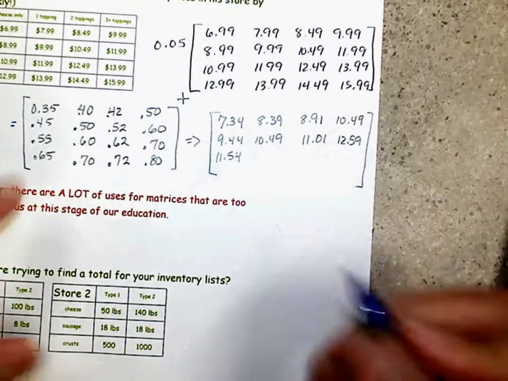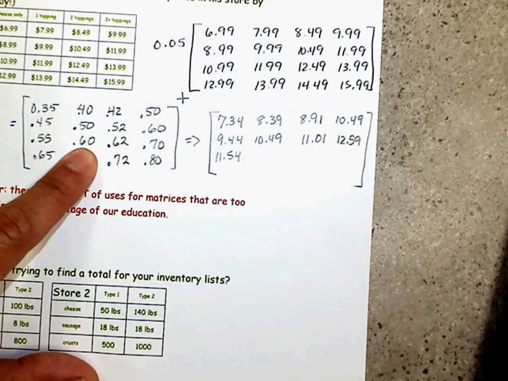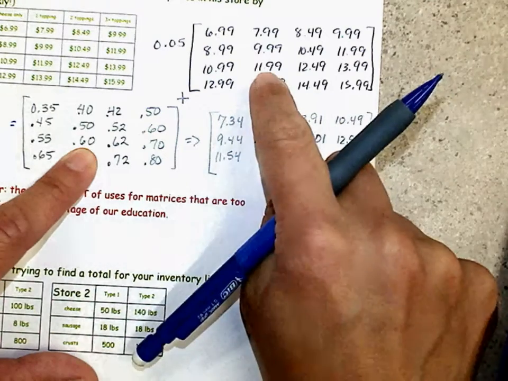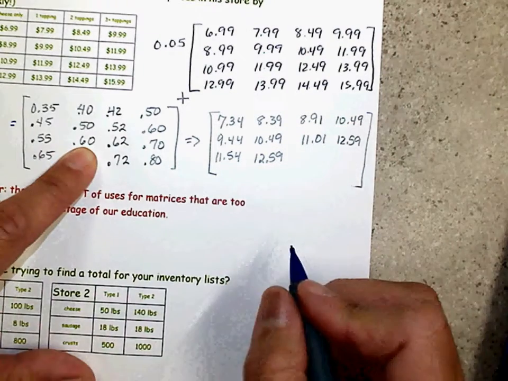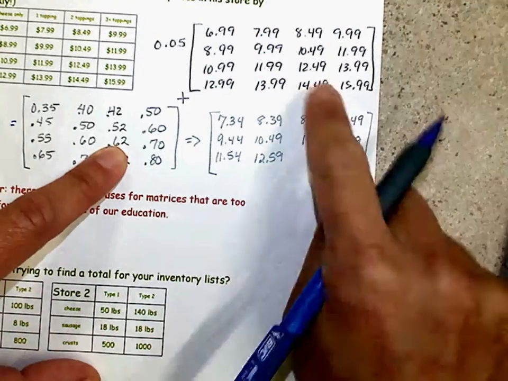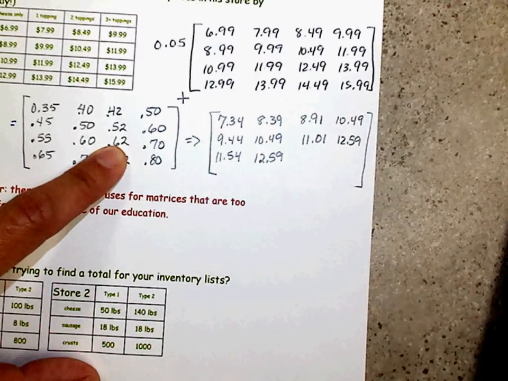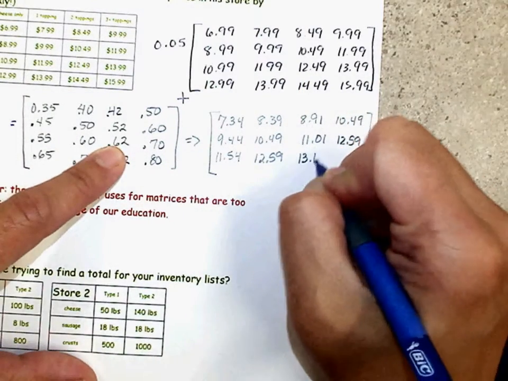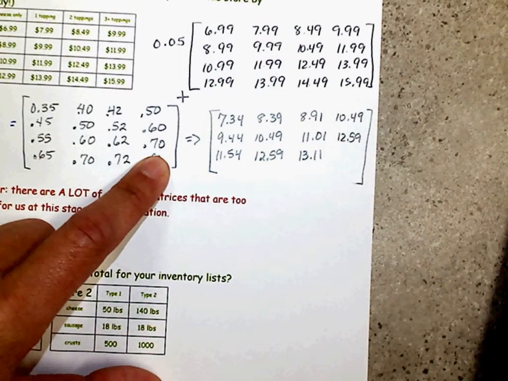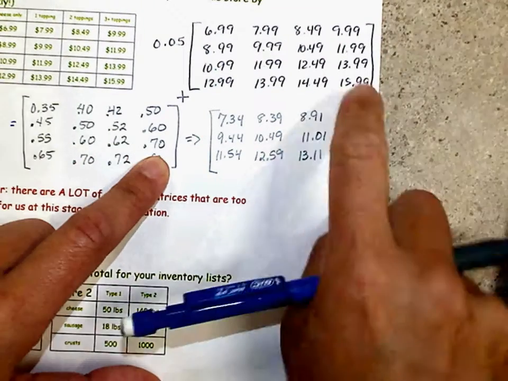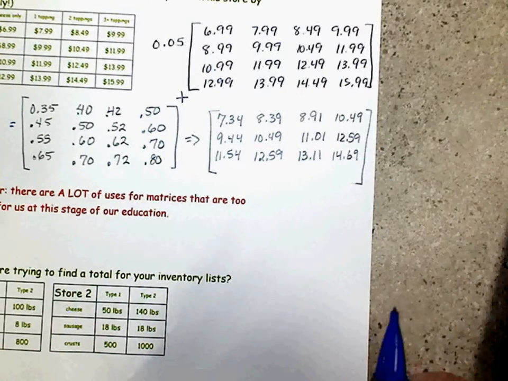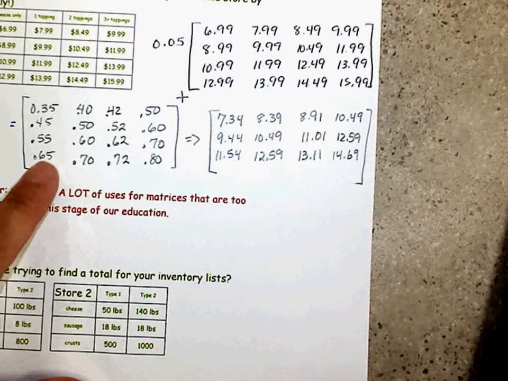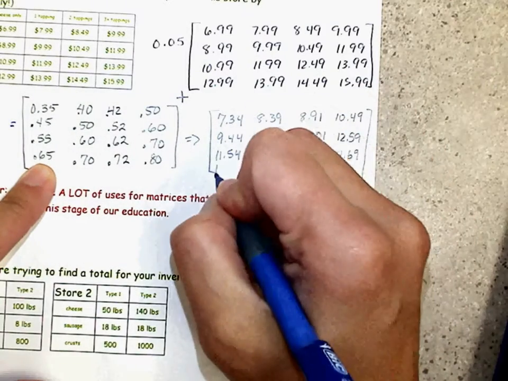$11.99 plus 0.6. That gives you $12.59. Okay, keep going. 0.62 plus $12.49, because I'm adding to get my new price. $13.11. 0.7 plus 13.99. These two, $14.69. I will show you how to do this on the calculator later. Next part, 0.65 plus 12.99, $13.64. 0.70 plus $13.99.